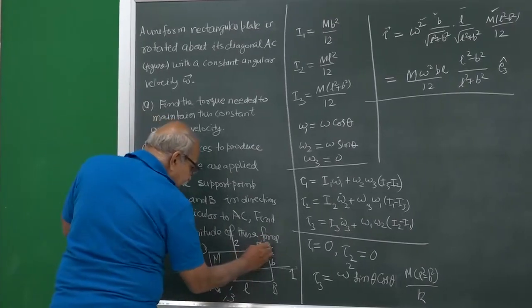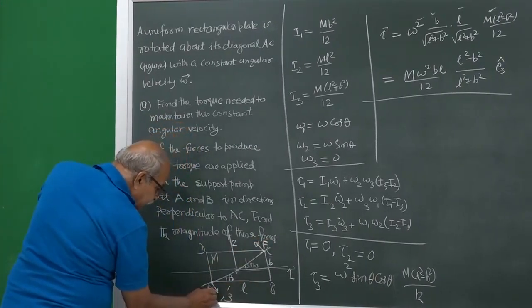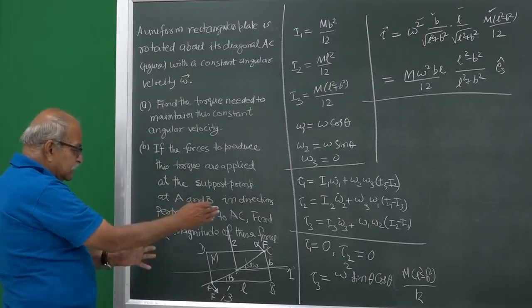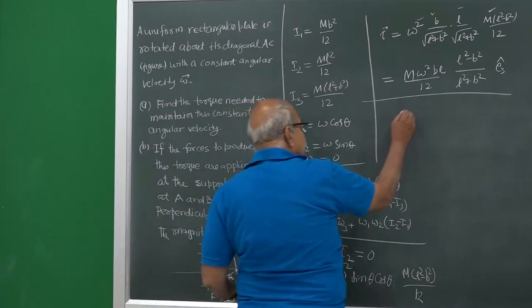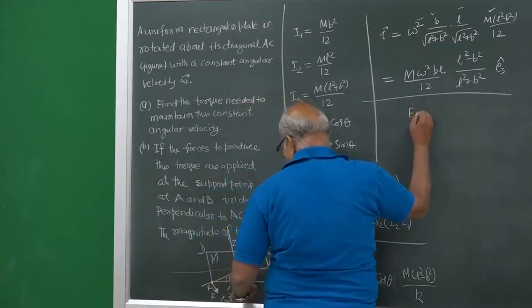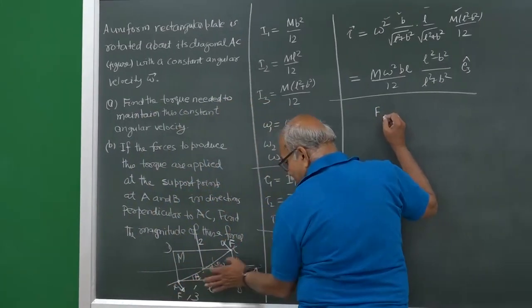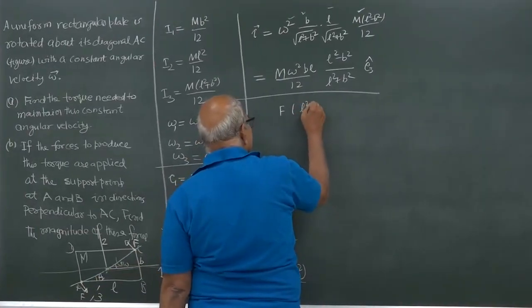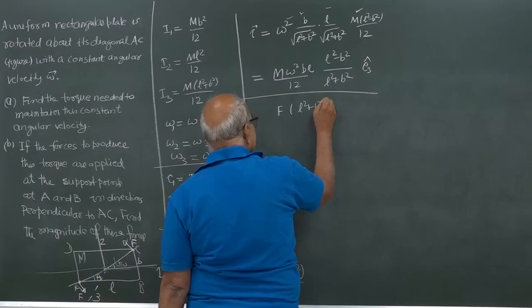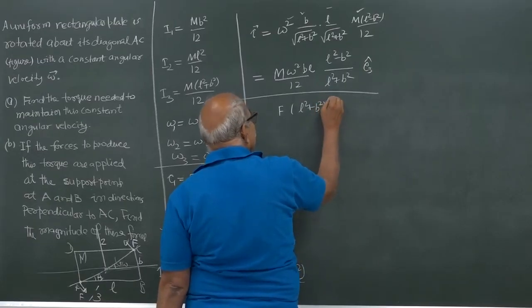So this is F and this is F, and the torque of these two is F multiplied by the whole length, which is the square root of L square plus b square.